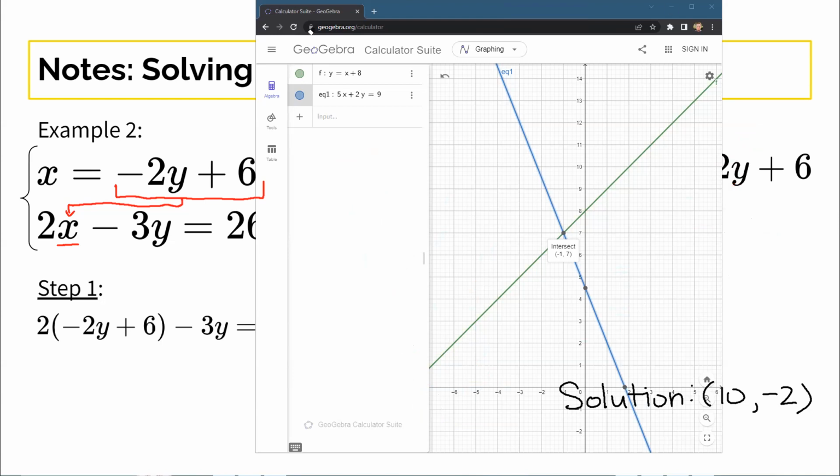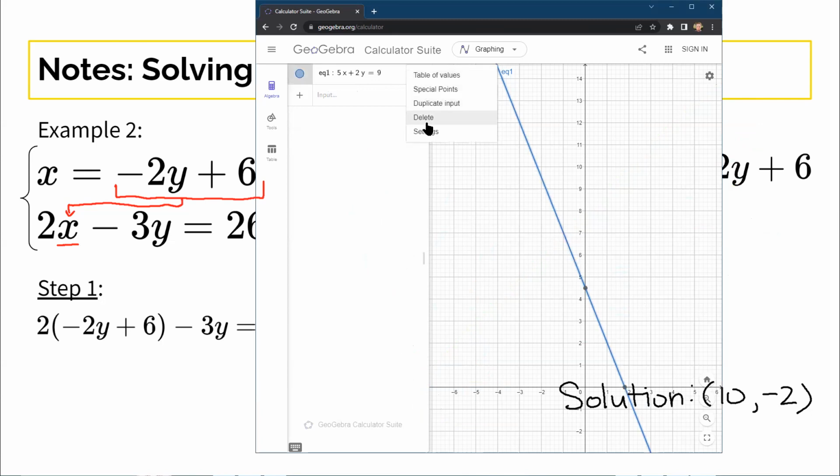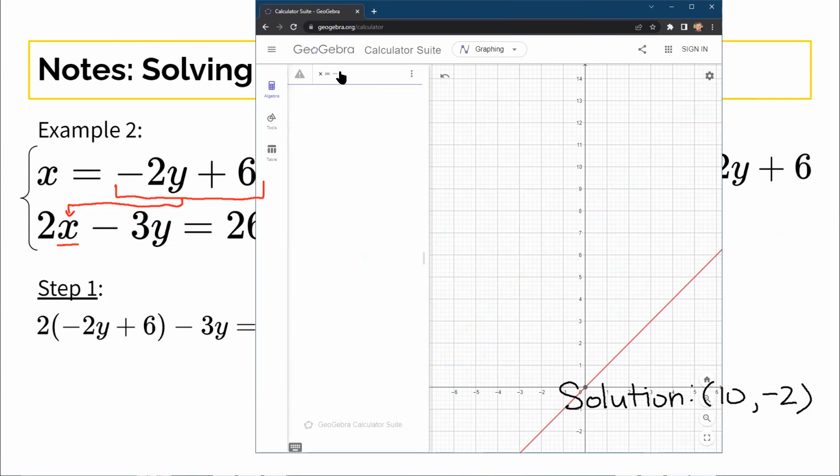Okay. So last example, delete, delete. New equations, we have x equals negative 2y plus 6. And we have 2x minus 3y equals 26. And you'll notice I can't even see equation 2.